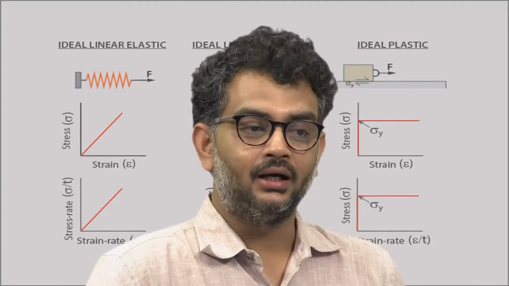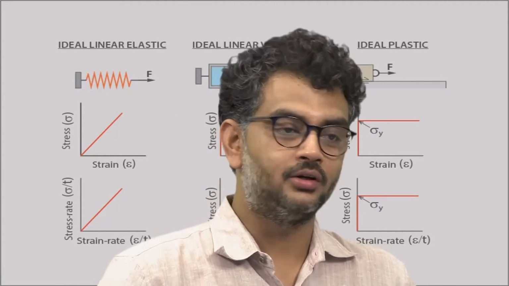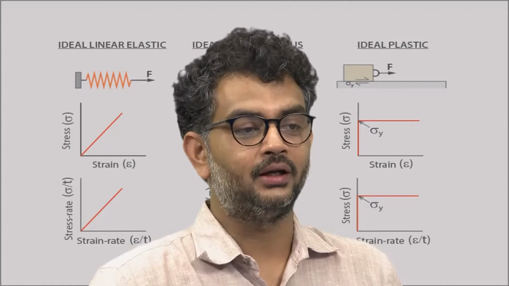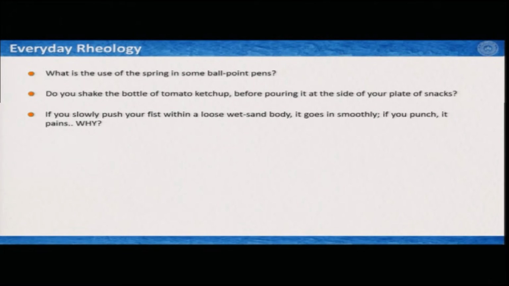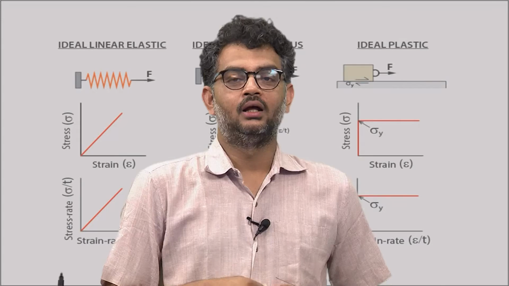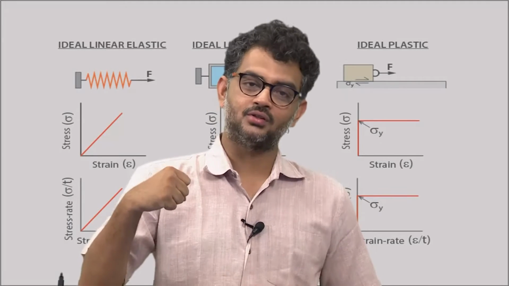This is something that athletes or bodybuilders do very frequently. They punch the sandbags, but you don't have to do that. Of course, if you wish, you can do it. But just think that if you have a loose wet sand body and you are pushing your fist within the sand body very, very slowly, you will see that your fist is going in.